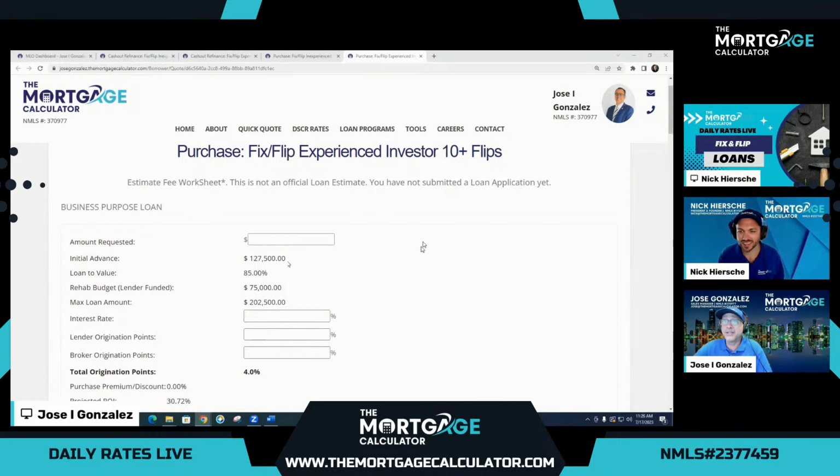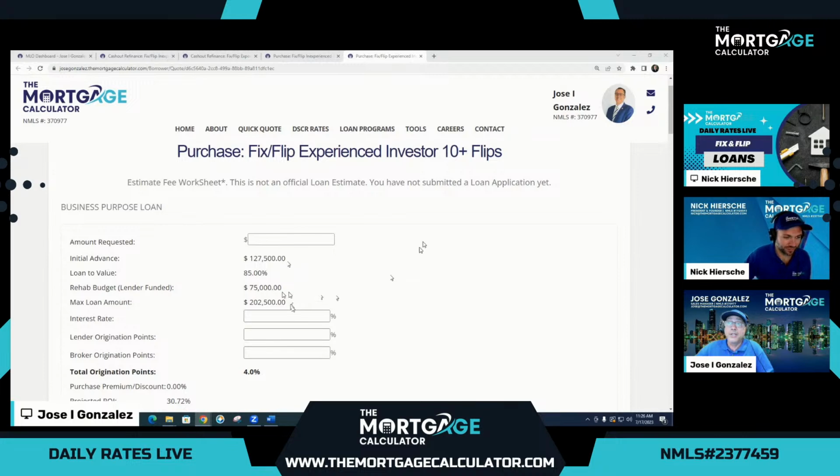So in this case, we do have 85% loan to value of the purchase, which is pretty good. They got a $127,500 loan as the initial advance at closing, which means for that $150,000 purchase, the borrower had to come up with a 15% down payment for the closing, and then $75,000 is our rehab budget.